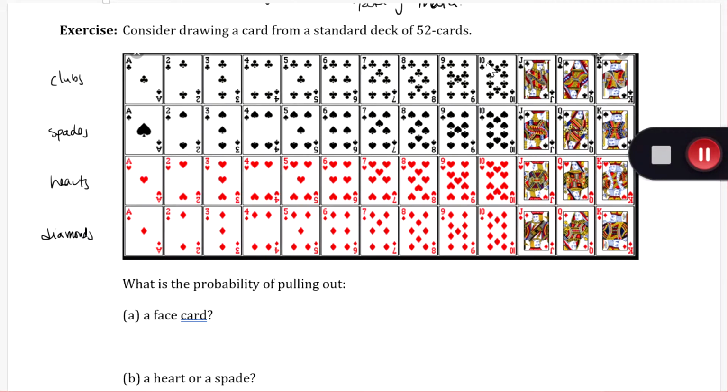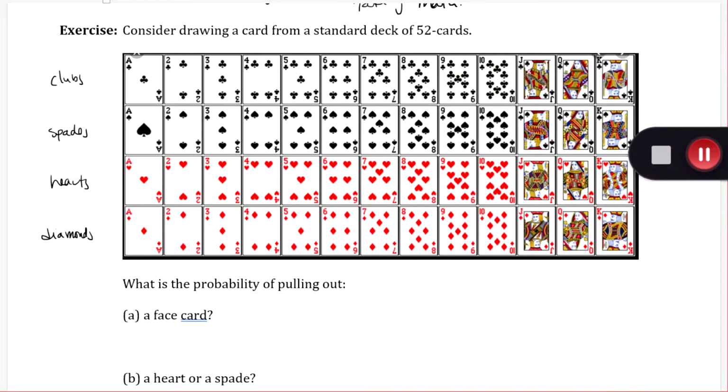There's 52 total cards, and within each of these suits, there is an ace, 2, 3, 4, 5, 6, 7, 8, 9, 10, a jack, queen, and a king. Cards that have a face on them are called face cards, and otherwise they're just cards. So with that information, we're going to go through and do some probabilities.